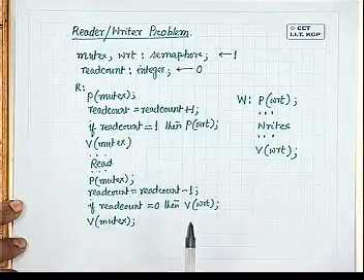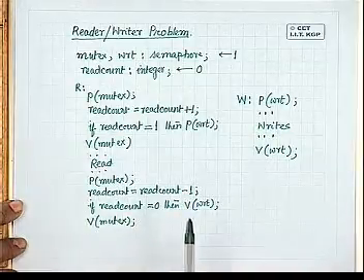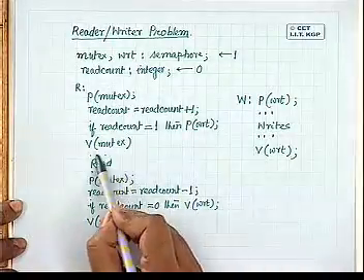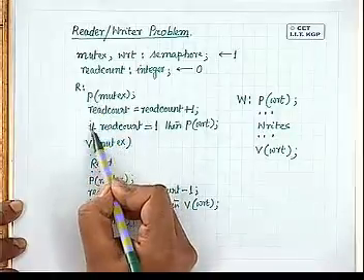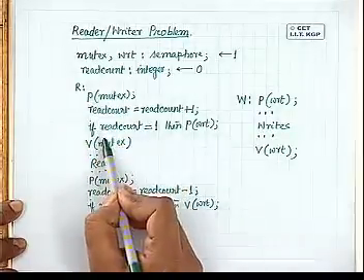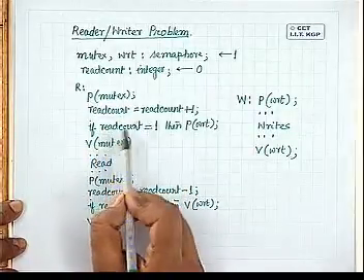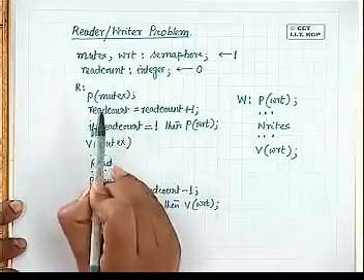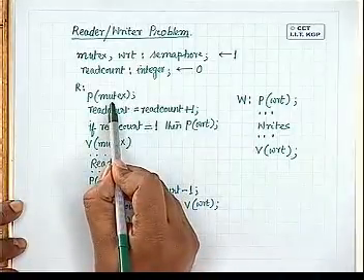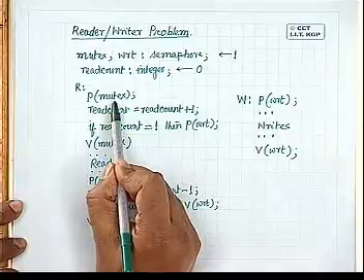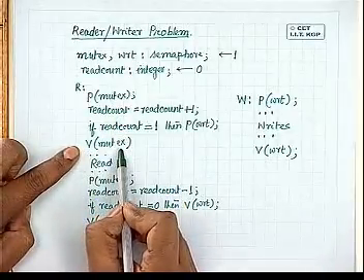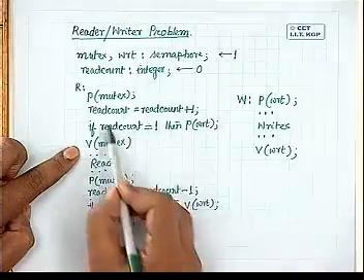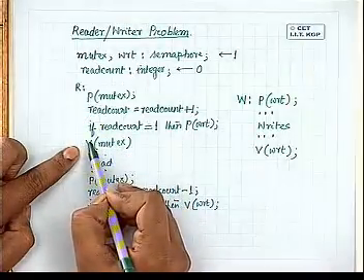I have a number of reader processes. Every reader process, whenever it wants to read contents of the file, it has to execute these statements first. Okay. Now, whenever one reader process performs this P mutex operation, until and unless it performs the corresponding V mutex operation, no other reader process can enter this part.